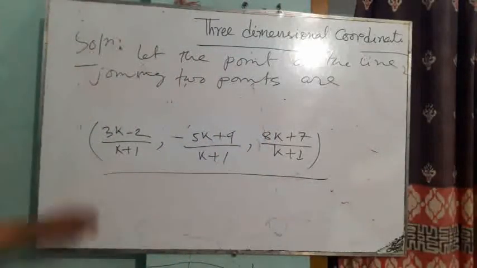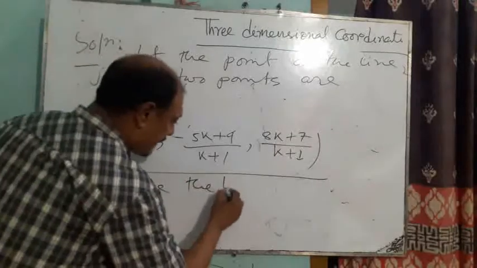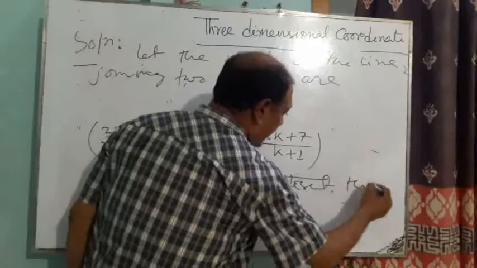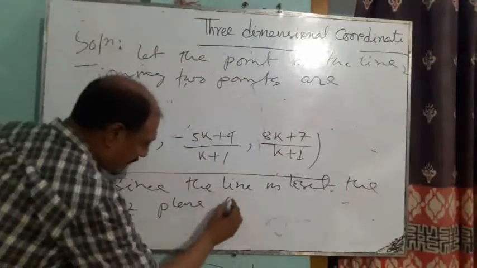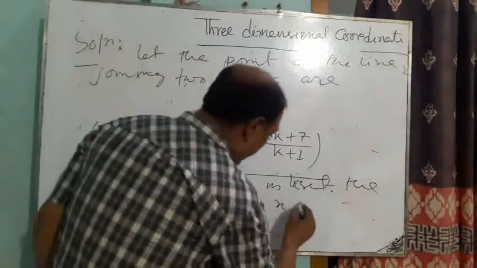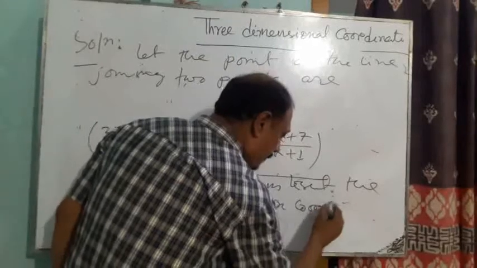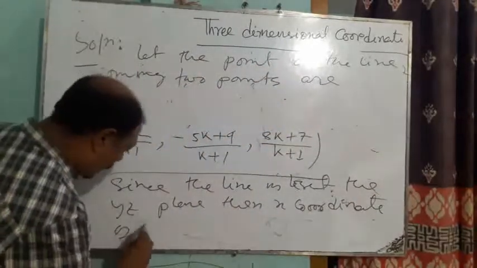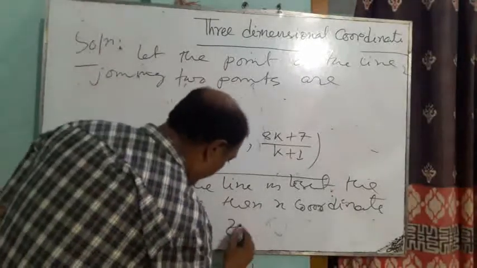Since the line intersects the YZ plane, the x coordinate of that point is 0.